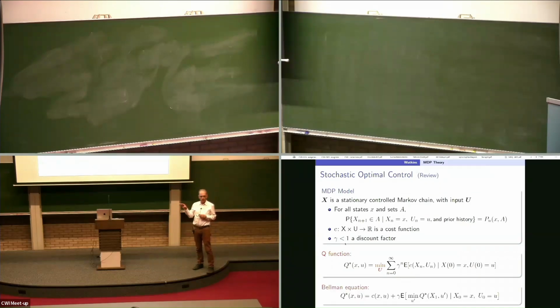So Watkins thought of this, back at the beginning of time. By looking at the Q function, you get two things. One is that the minimizer of the Q function gives you the optimal feedback control under very general conditions. So Q star is really what you want to get the optimal control. But maybe even more important is this.